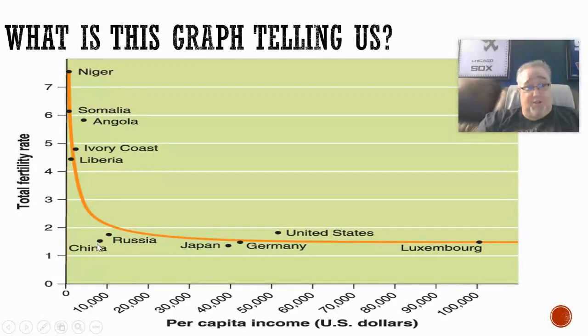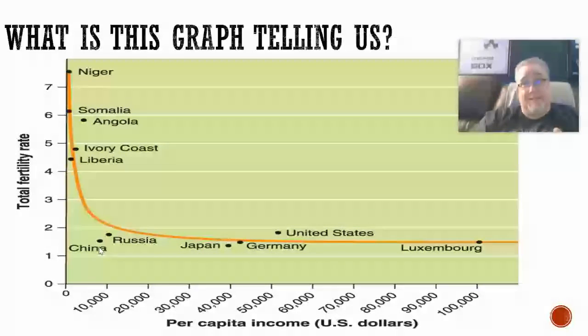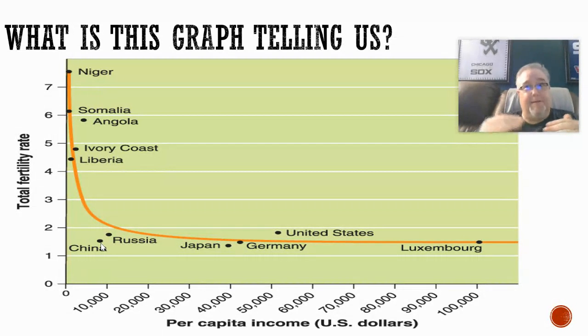And you'll also notice that the average person in China is making less than $10,000. What's interesting about China is they've just recently gone to below two. You've got to remember the one child policy. That's been around for about 25, 30 years or so, but for the longest time before that, their fertility rate was way higher than that.